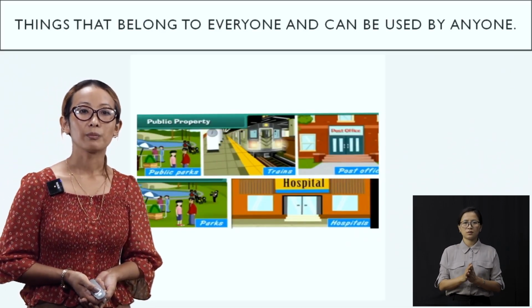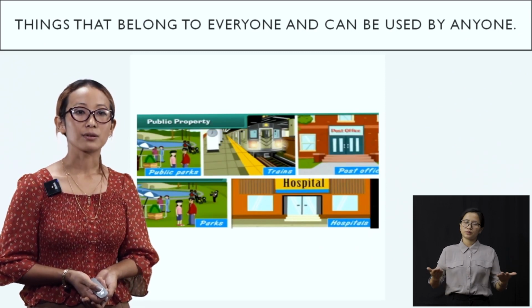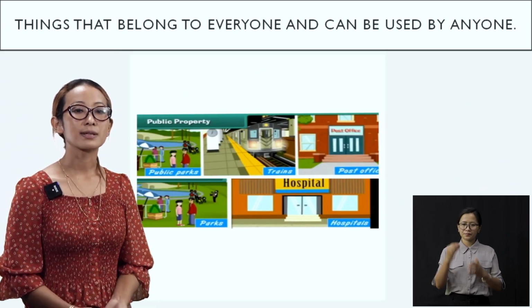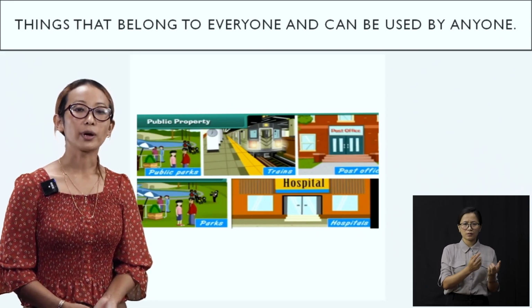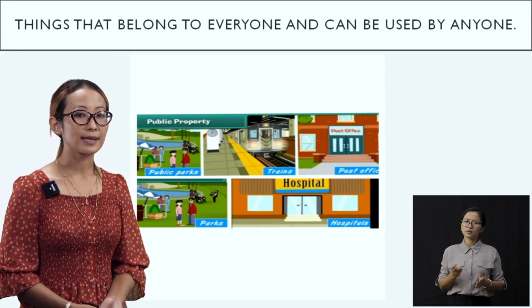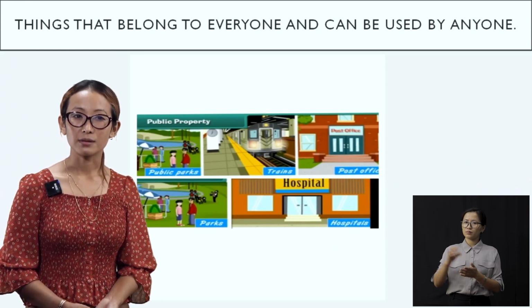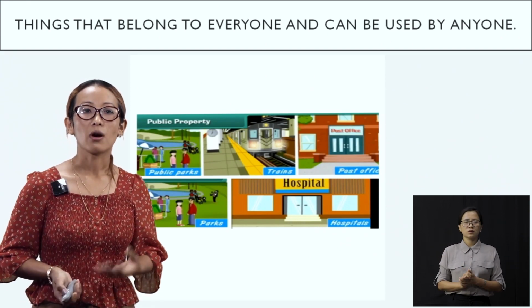Next is public property. So public properties include a public park, trains or buses, a post office, or even hospitals, community halls, or a playground.